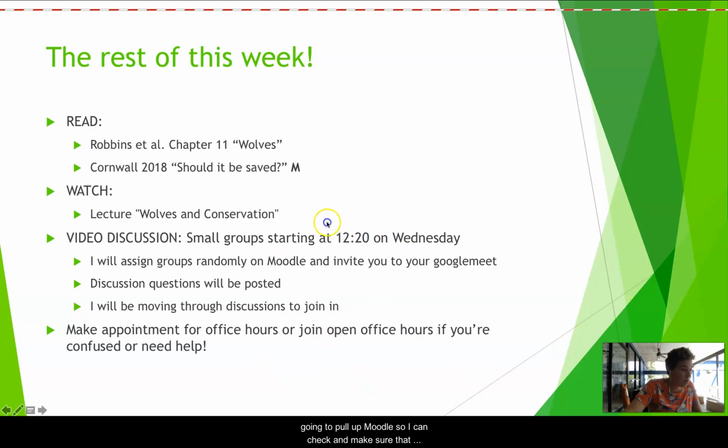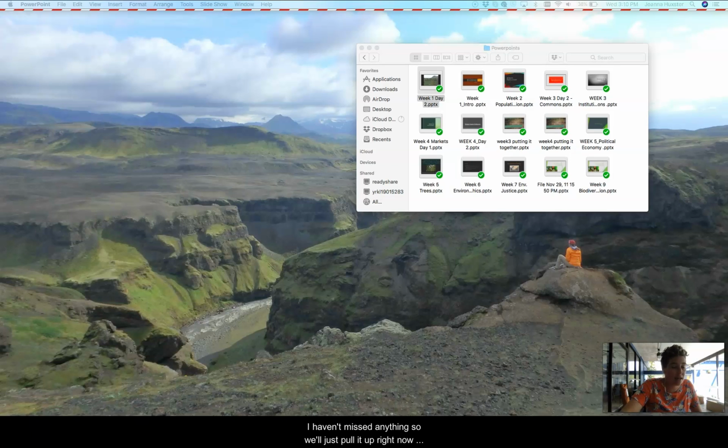And I'm actually going to pull up Moodle so I can check and make sure that I haven't missed anything. So we'll just pull it up right now and look at Moodle. All right, here's Moodle. You see I'm in editing mode right now. Quiz responses, assignment 7, and environmental news presentations for Sabine, Janessa, and Alex. I'll send out more information on what's necessary for those.